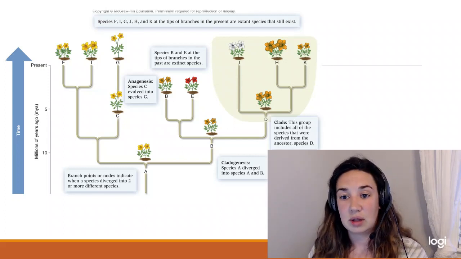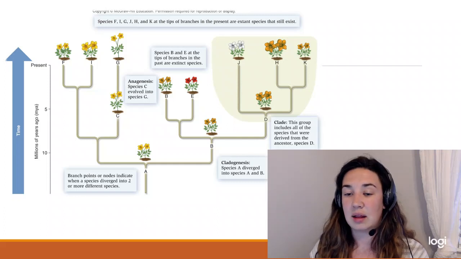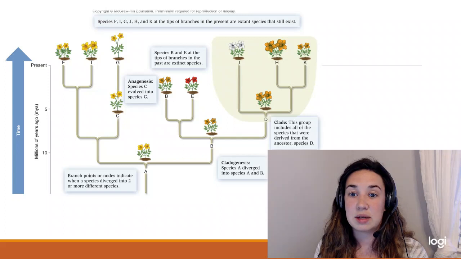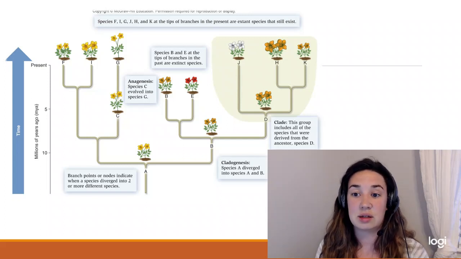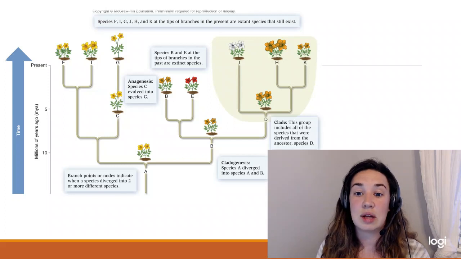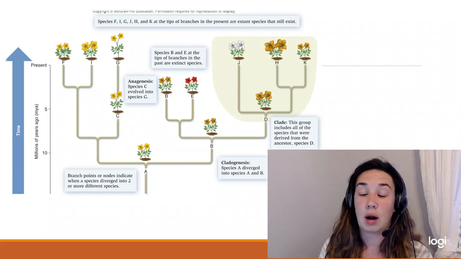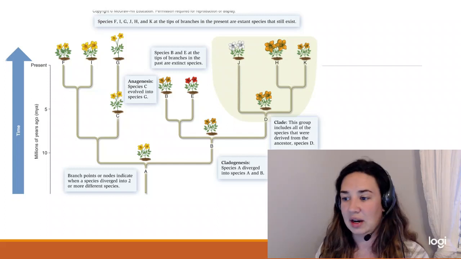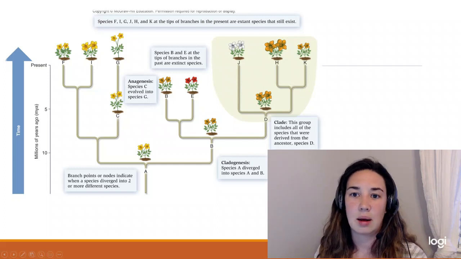This is a way to look at a basic phylogenetic tree where we have most of our terms, with anagenesis, cladogenesis, and our clades. We can see how it has changed over time. We have our nodes, where our diverging points are. This is just a basic phylogenetic tree, just to get you more accustomed to what they would look like.